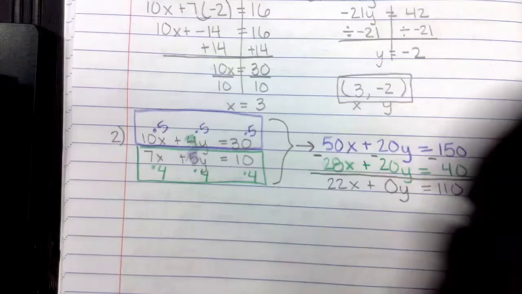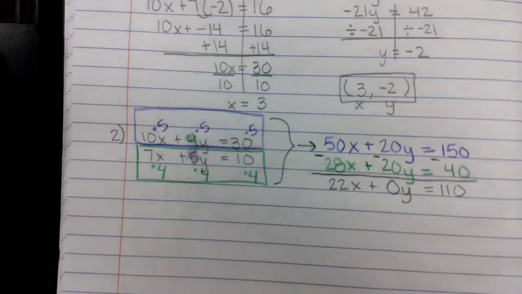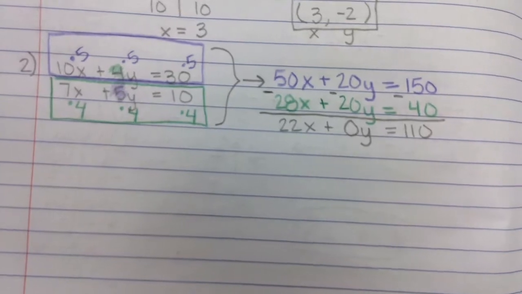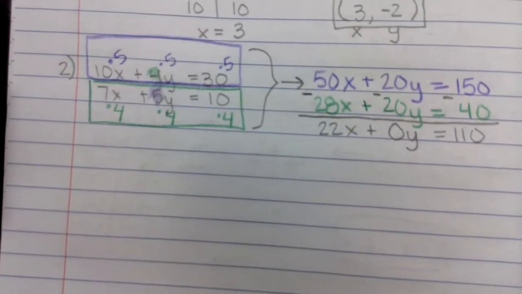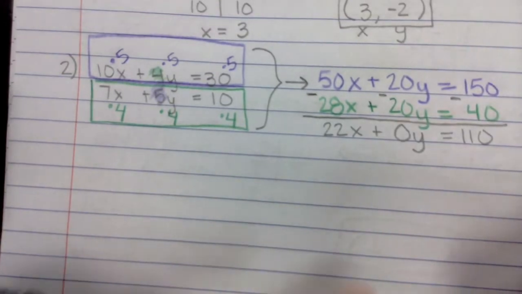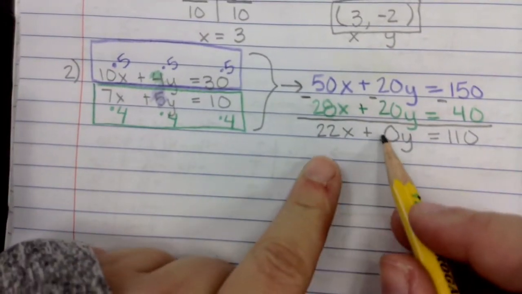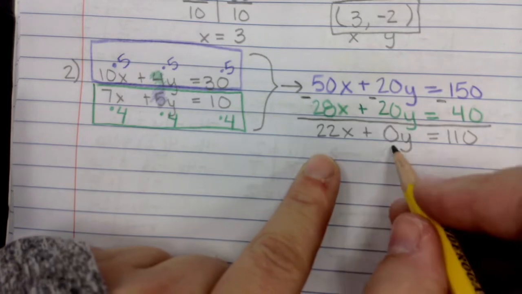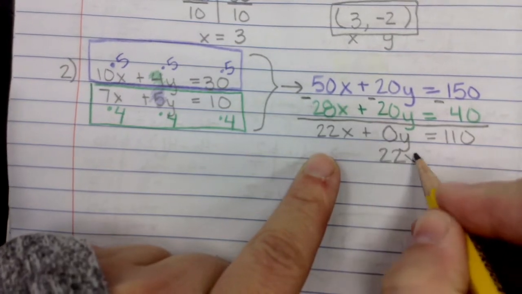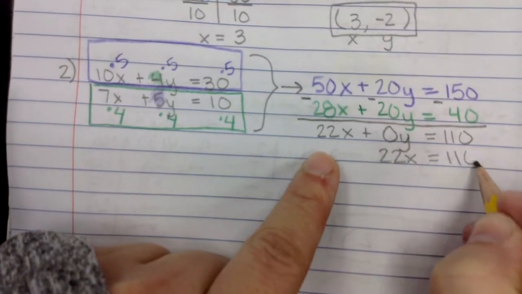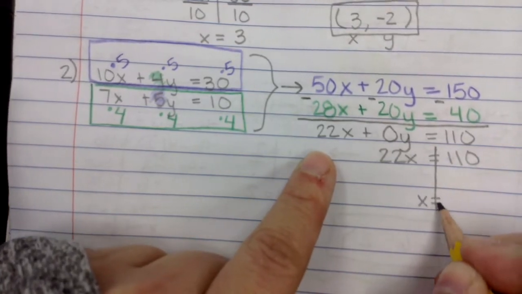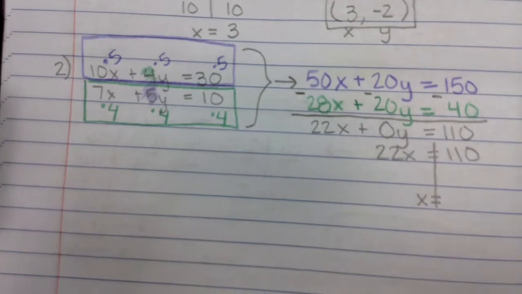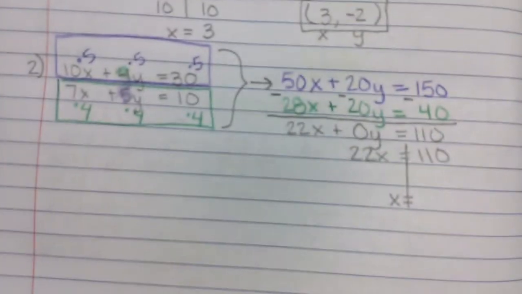Okay, now to make that a solvable problem, I'm going to get rid of that y because that was eliminated. 22x equals 110. And we're going to solve that equation so that we get an x equals. So what does it mean when 22 and x are touching like that?